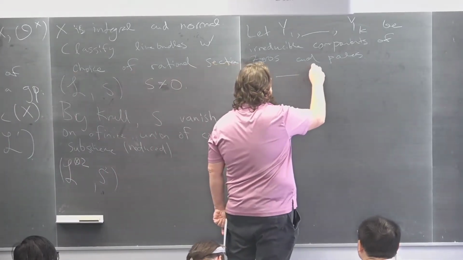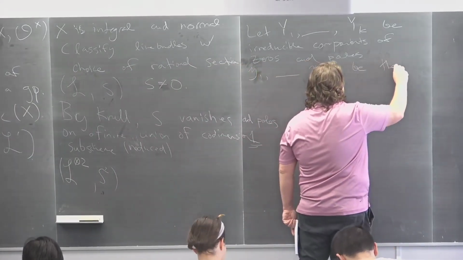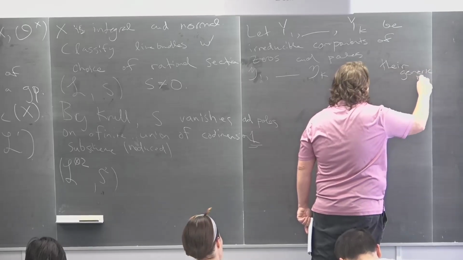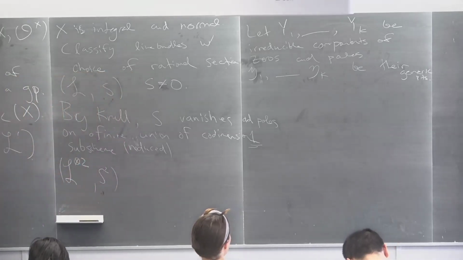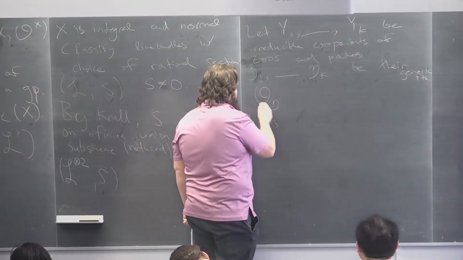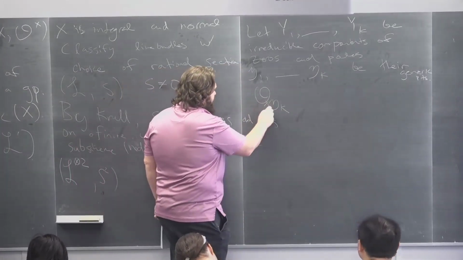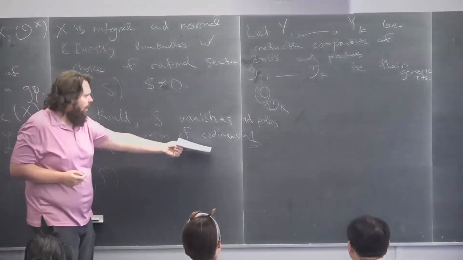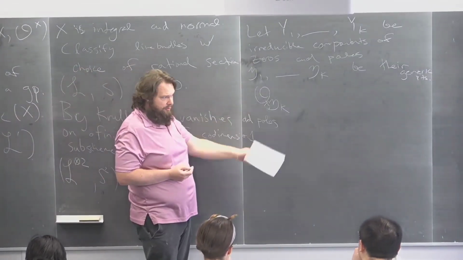I'll let eta 1 up through eta k be their generic points. So I can look at the local ring at these generic points. I look at this local ring, should have written X here. And the fact that these are codimension 1 and X is normal tells me these have a special structure. They're DVRs.